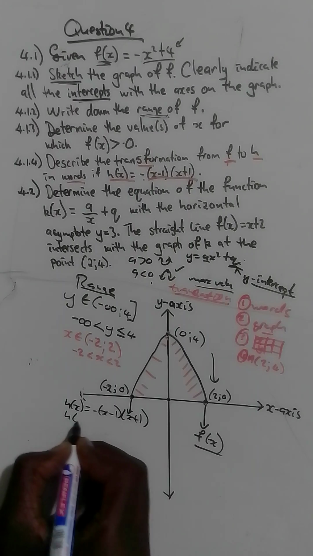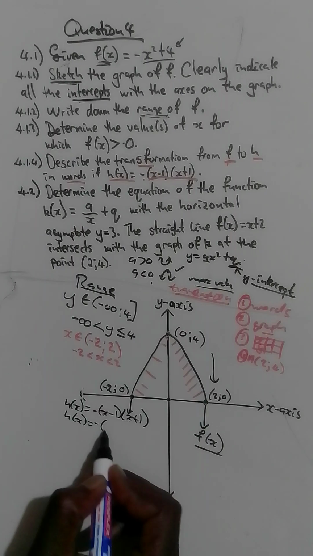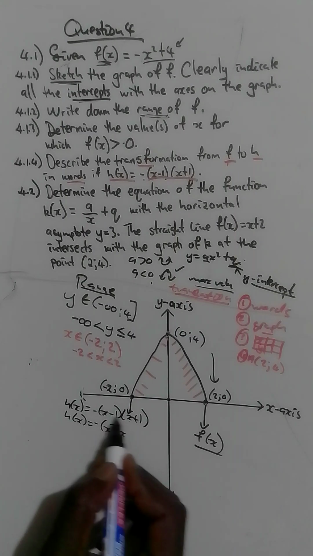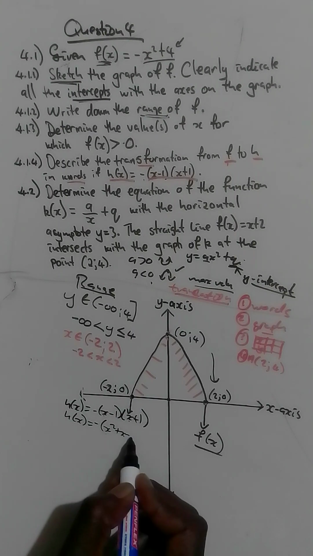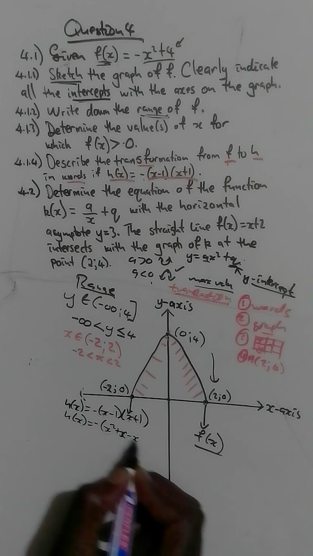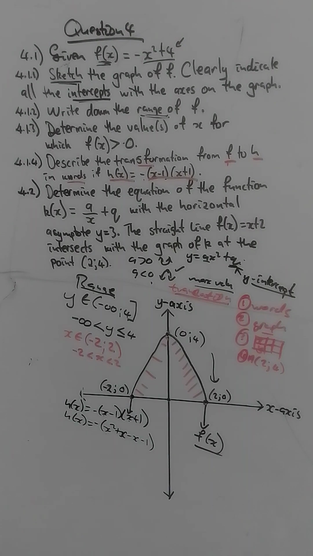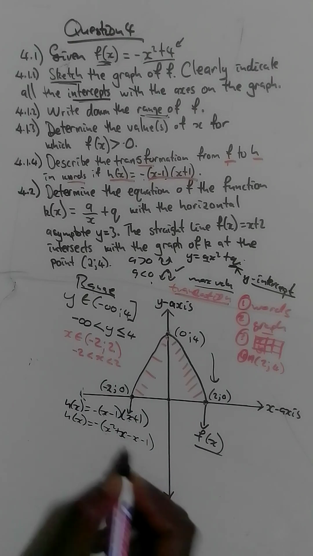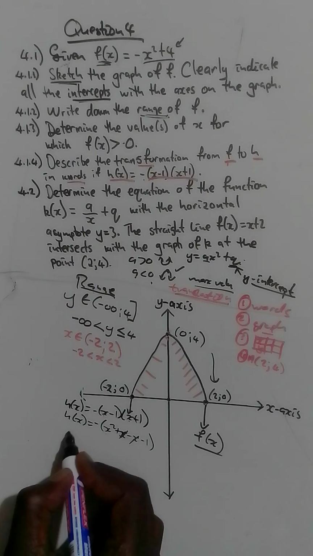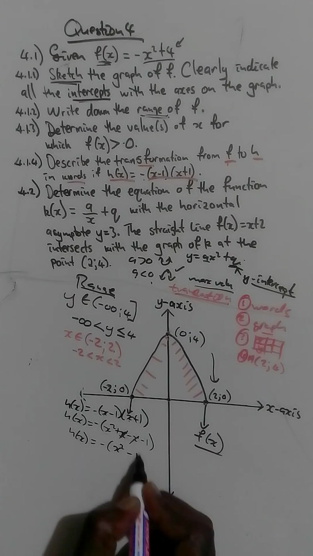So now I say h of x is equal to negative open bracket x times x, that's x squared, x times this, that's positive x, negative times positive, that's a negative 1 by x, that's a negative x, and negative times positive, that's a negative 1 by 1 is equal to 1. I close the bracket. Now these two are like terms, but I've got a positive x and a negative x, which means that these two cancel out. So now I've got h of x, which is equal to negative x squared minus 1.